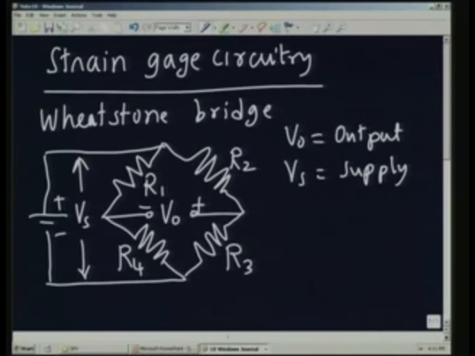In fact, we can show by simple analysis of this circuit that the relationship between Vo and Vs is given by the following formula. I will not derive it, it is very easy to do that.